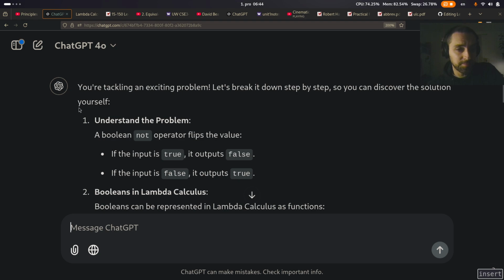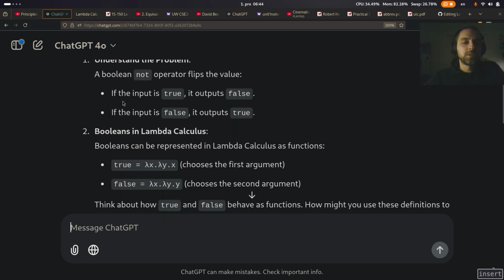Understand the problem. A boolean not operator flips the value. So yeah, it takes one argument, right? So if the input is true, it outputs false. If the input is false, it outputs true. So booleans can be represented in lambda calculus as functions. True: lambda x, lambda y, x, chooses the first argument.